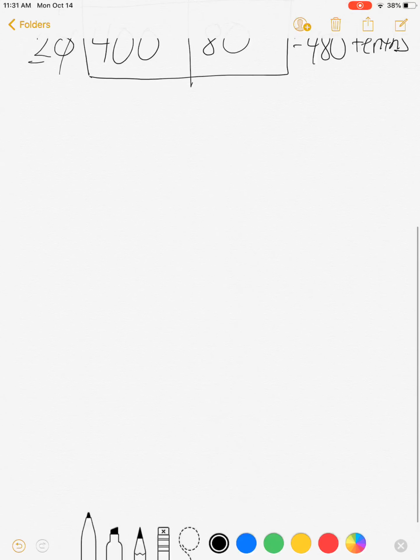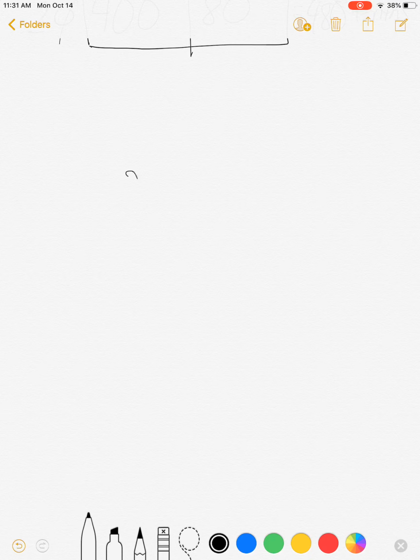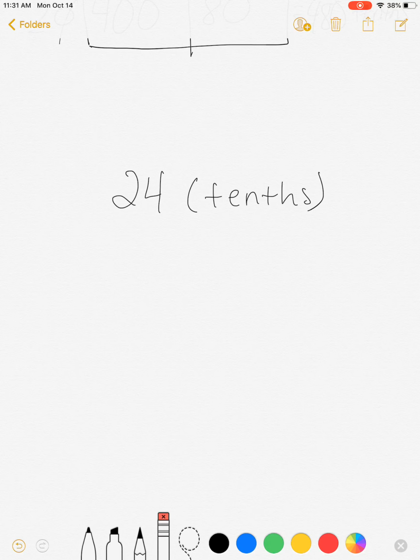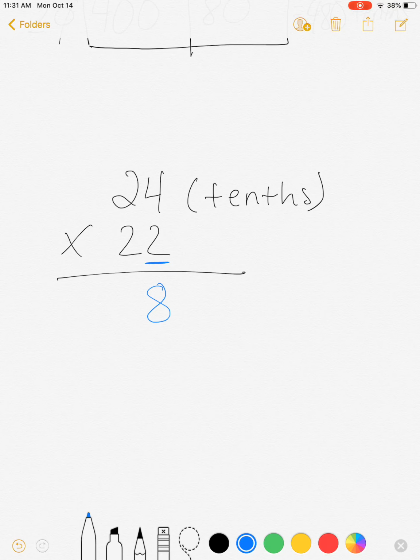Now when we solve using the standard algorithm, 24, we can put tenths out here. So we're taking out the decimal. Times 22. We solve using the standard algorithm like normal. 1's place, 2 times 4, 2 times 2. 10's place, drop the 0, 2 times 4, 2 times 2.